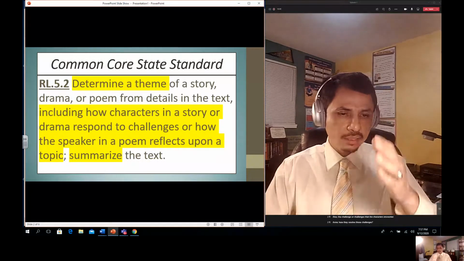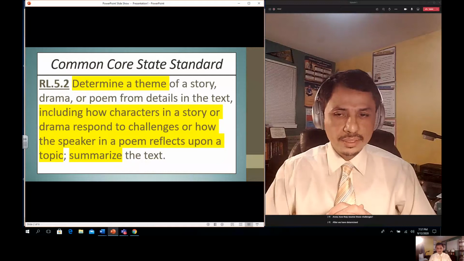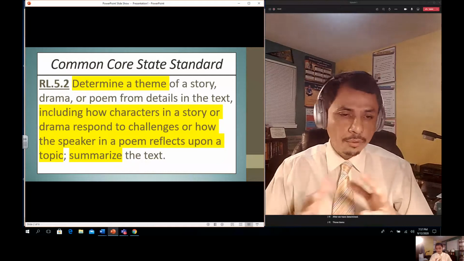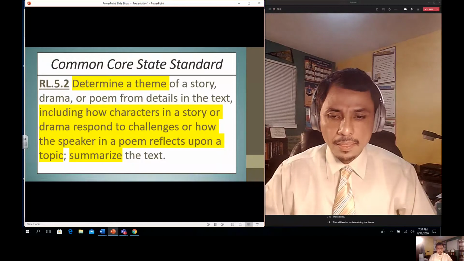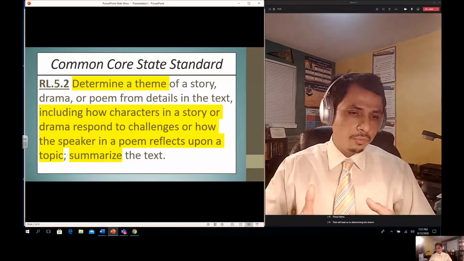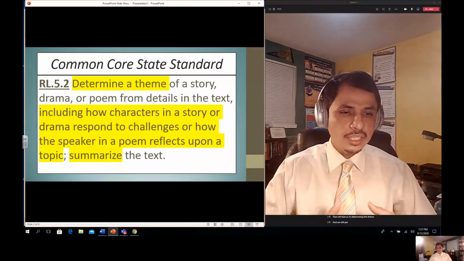After we have determined those items, that will lead us to determining the theme. And we will put that information in a summary.